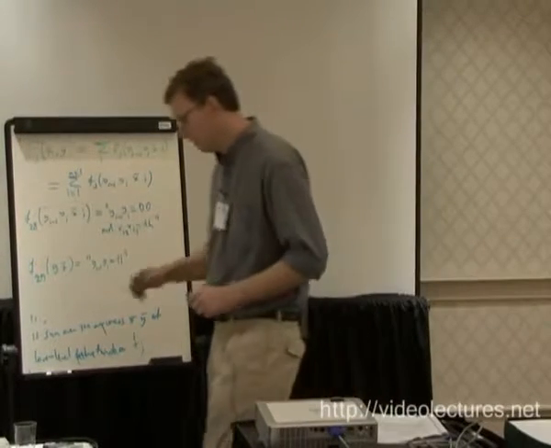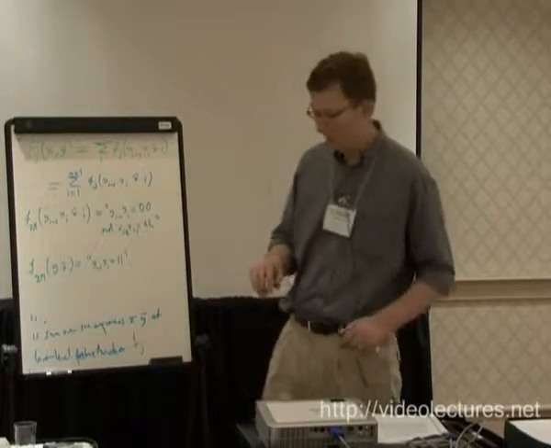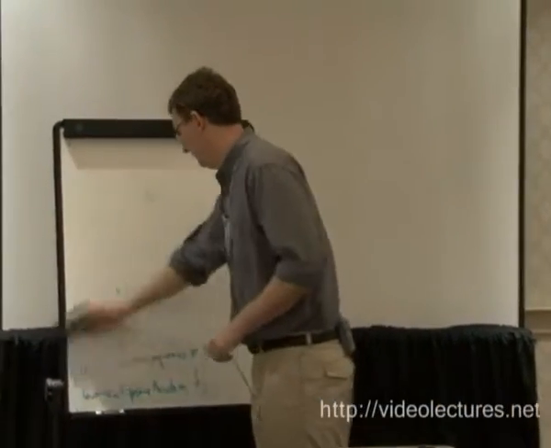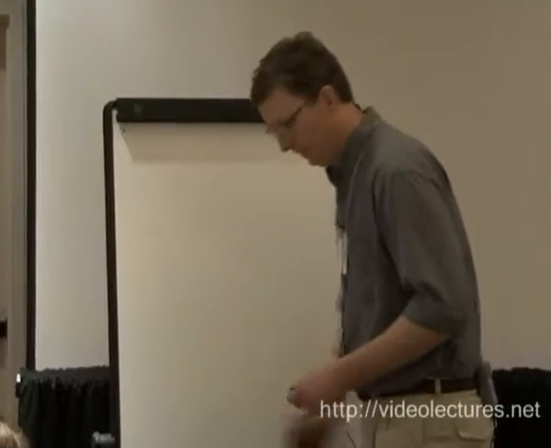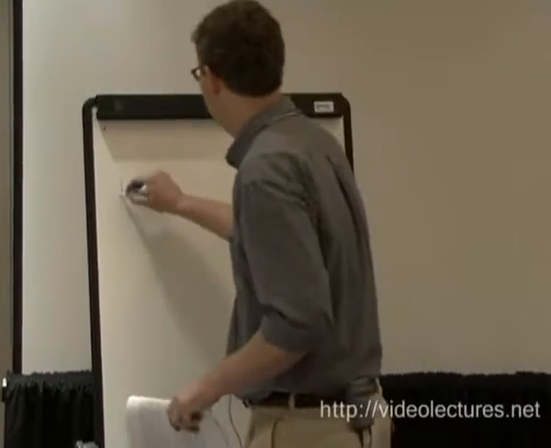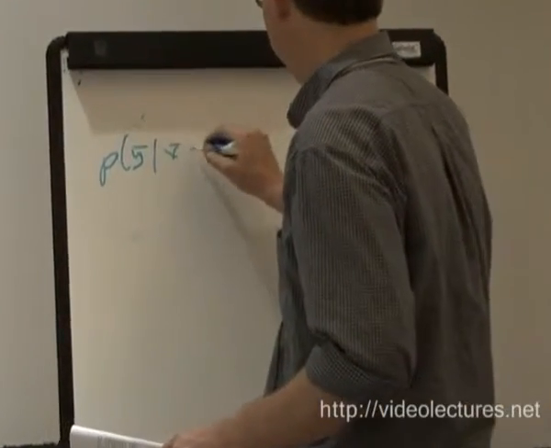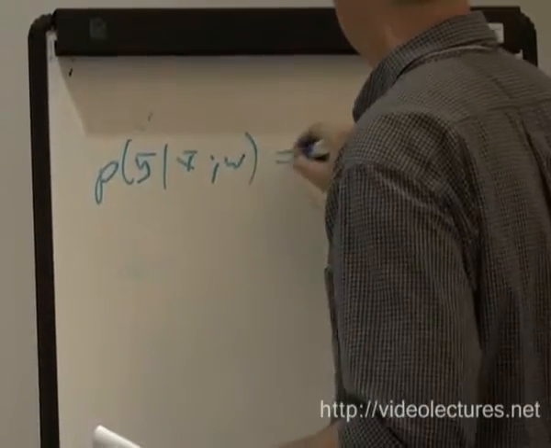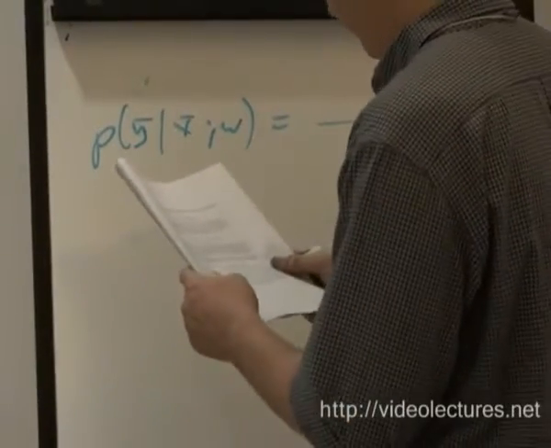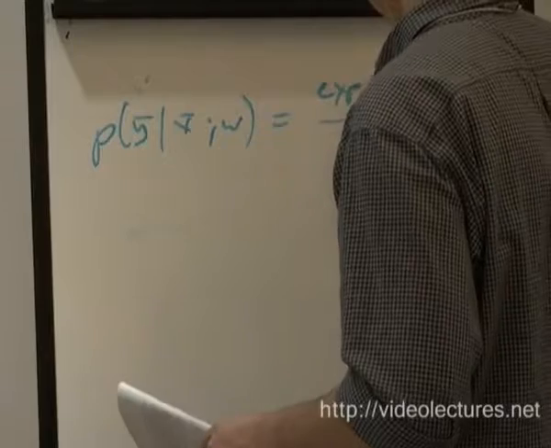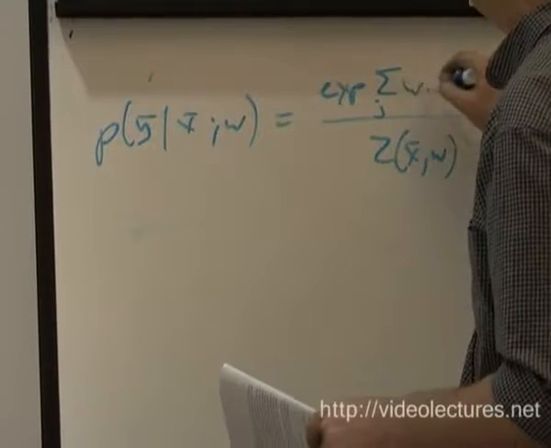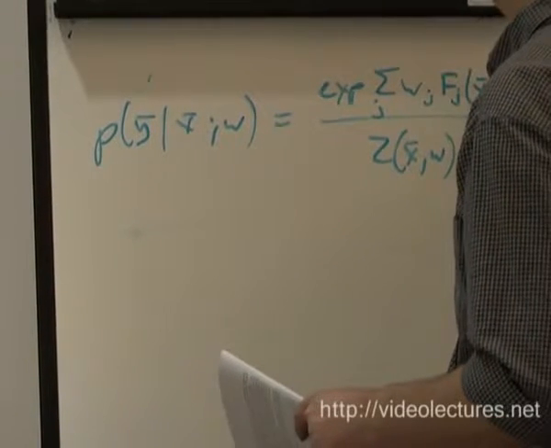move on to talking about the two central problems that I'm going to provide algorithms for solving. So the probability of y bar given x bar and w is 1 over Z of x bar and w, and on the numerator, the exponential of the sum over j of wj fj of x bar y.